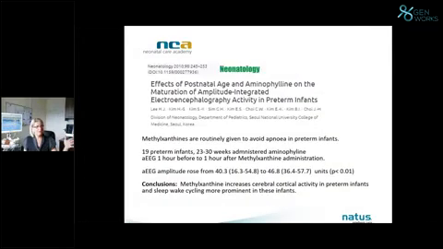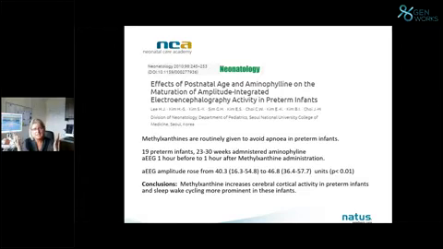This slide is actually in the wrong place. It should have been with the methylxanthine, and I apologise for that. Again, this was a nice study that looked at the effects of the postnatal agent aminophylline on the maturation of the AEEG. We know we give methylxanthines routinely to avoid apnea of prematurity. It was a small study group, 19 preterm infants between 23 and 30 weeks.